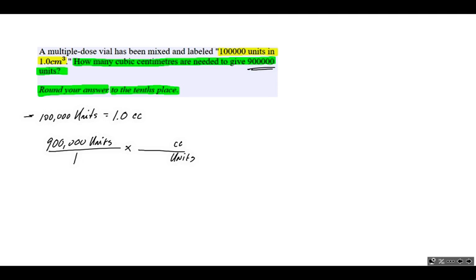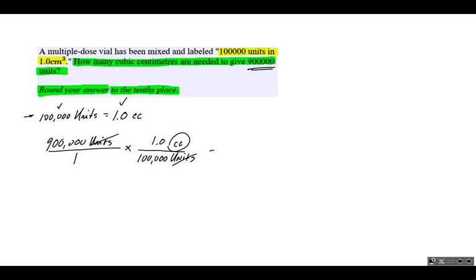We want to plug in next our values. 1.0 cc's is equivalent to 100,000 units. And now we can go ahead and cancel those, literally cancel units, and we're left with cc's as our units, as our measurement here.